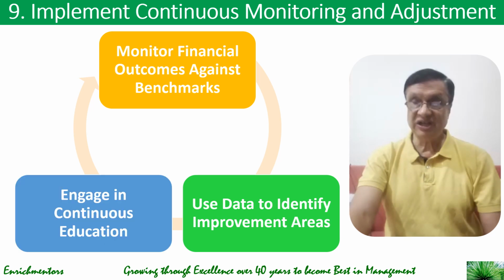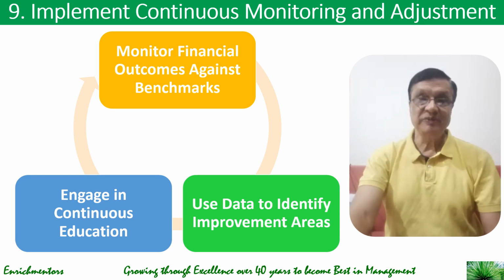And engage in continuous education. There, you need to stay informed on the latest updates to payment models, as CMS and payers often adjust guidelines based on policy changes or healthcare trends. So, implement continuous monitoring and adjustment like that.